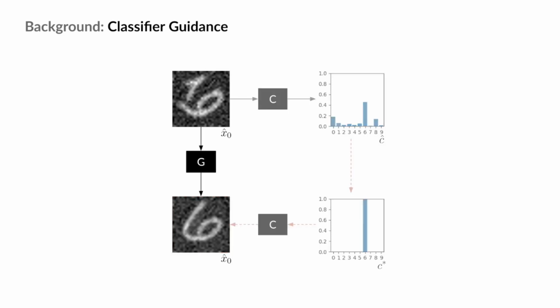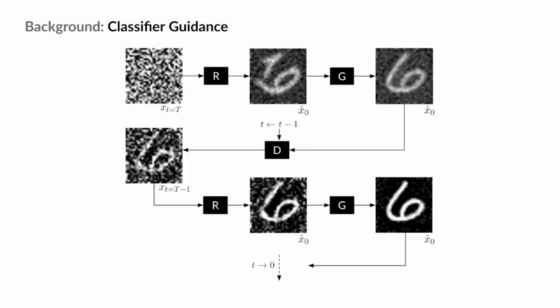For ease of notation, let's call this process of updating the image using a classifier G, for guidance step. What we then do with classifier guidance is interleave this guidance step, G, into the usual diffusion inference process. In this way, the generative modeling quality is improved.